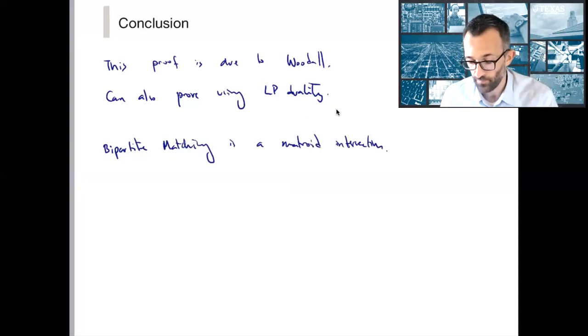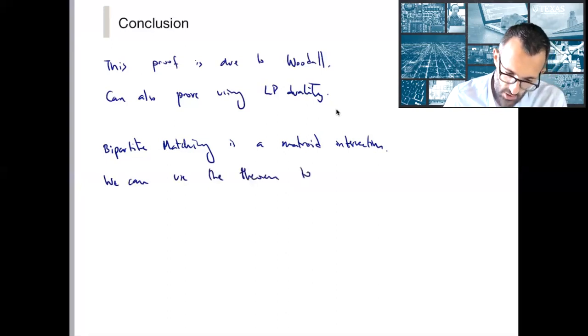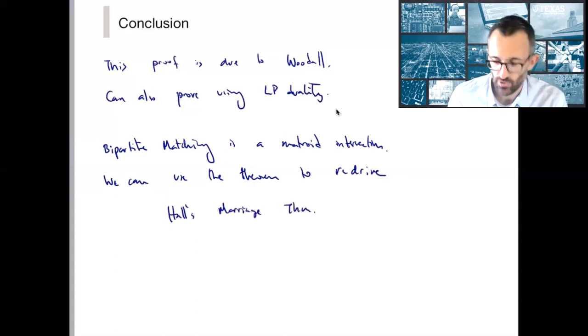In particular, what does something like the first corollary from the previous lecture tell us about the situation when we have essentially a perfect matching. So we can use the theorem to rederive or recover Hall's marriage theorem. And I'll leave that as an exercise for you.